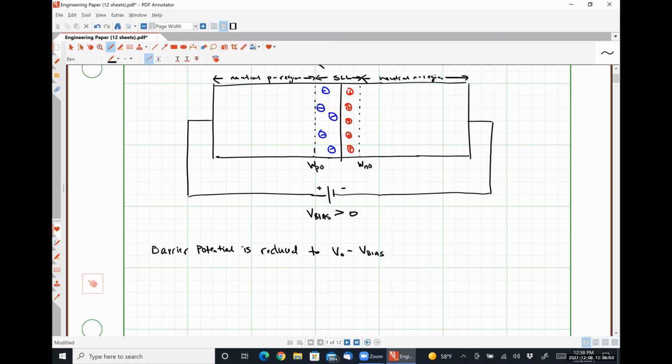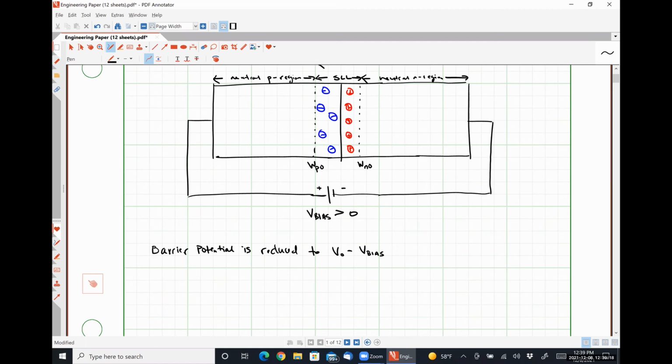So if our barrier potential is smaller, what are some of the effects of that? Exactly right. Our built-in voltage V naught was all about maintaining equilibrium, right?